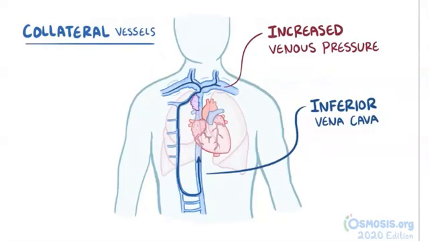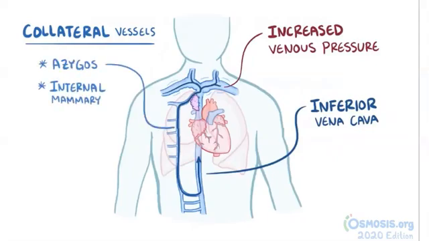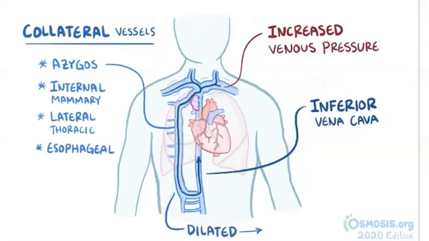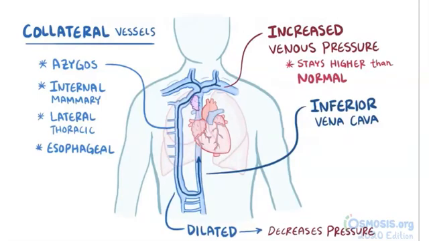If the blockage is low enough, these vessels could form in the azygous system, but other options are the internal mammary, lateral thoracic, and esophageal venous systems. Over the course of a few weeks, these collateral veins dilate, after which point the venous pressure decreases a little bit, but it still stays higher than normal, even after the collaterals have fully dilated.